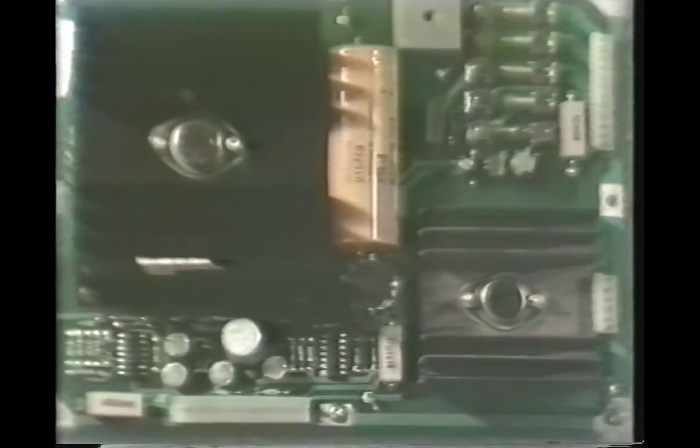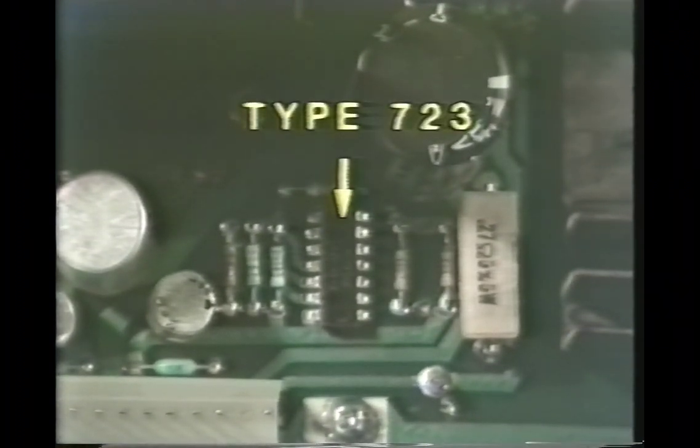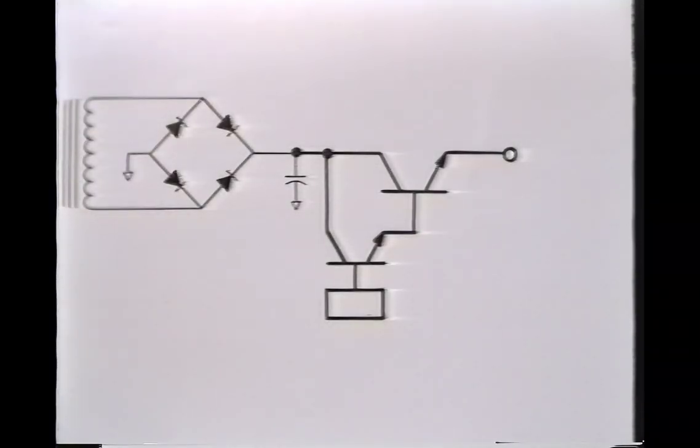Williams uses a different type of integrated circuit to power the regulator in this power supply. It's the type 723. Here, the 723 is used to power the series pass regulator that creates the 12 volt power supply in the game. The 723 can also be used to power the 5 volt power supply in the game.